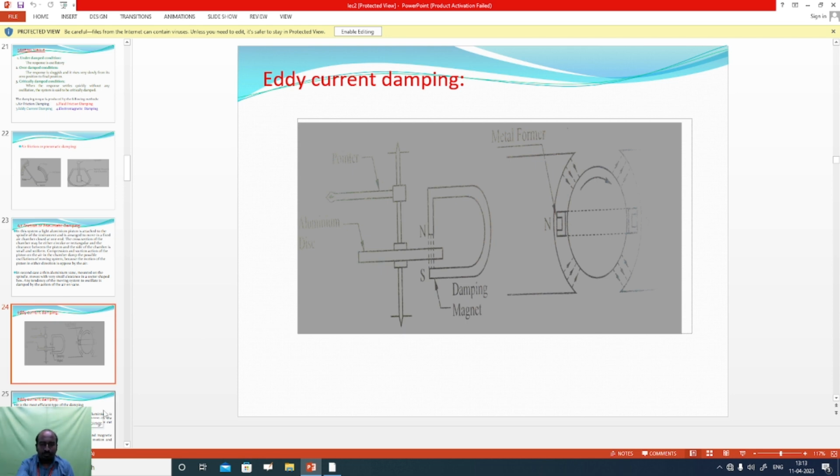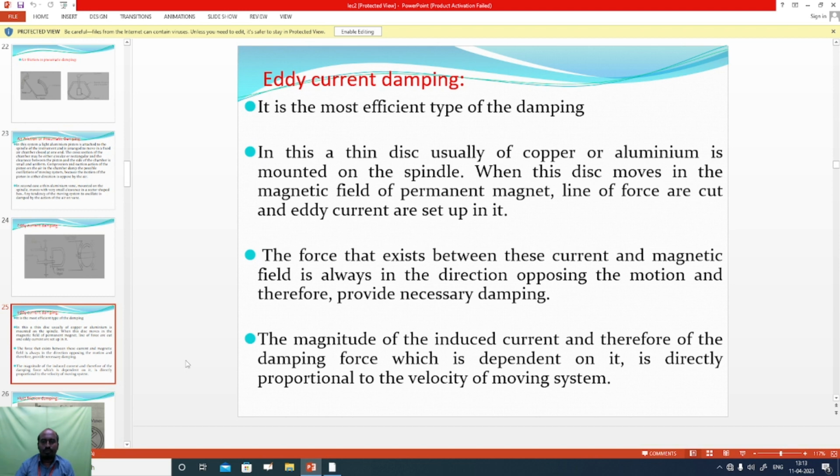So the magnetic lines of force are cut by the aluminum disc. When this disc moves inside the magnetic field of the permanent magnet, lines of force are cut and eddy currents are set up. The force that exists between this current and the magnetic field is in the direction opposing the motion, which provides the necessary damping.